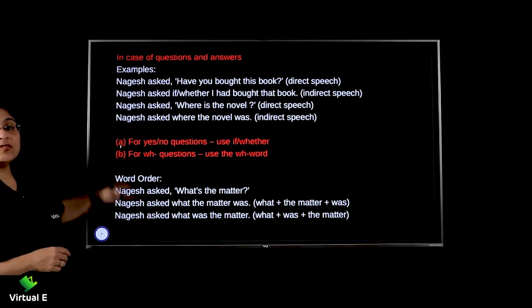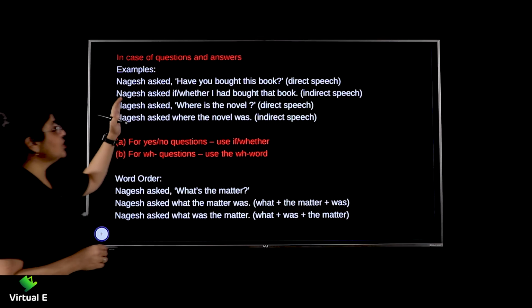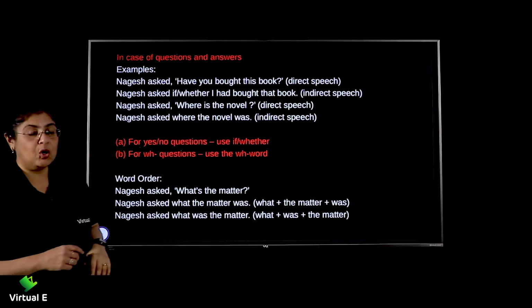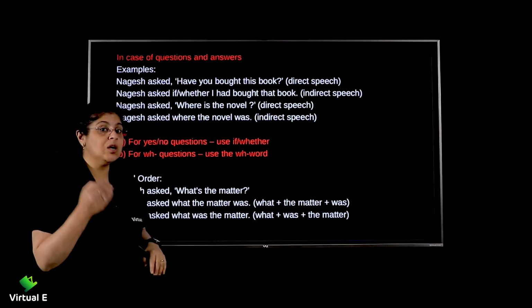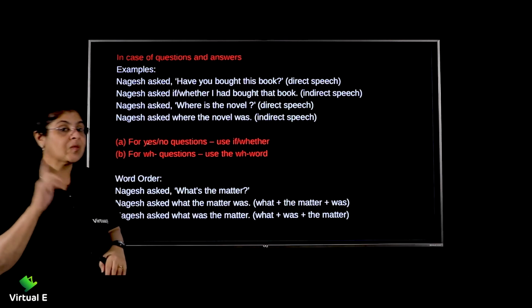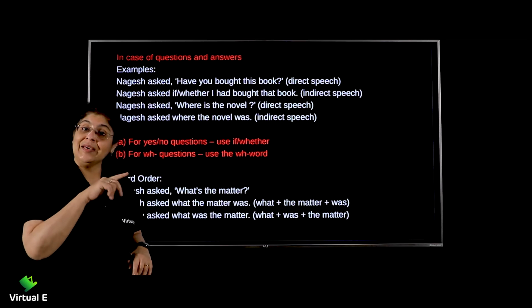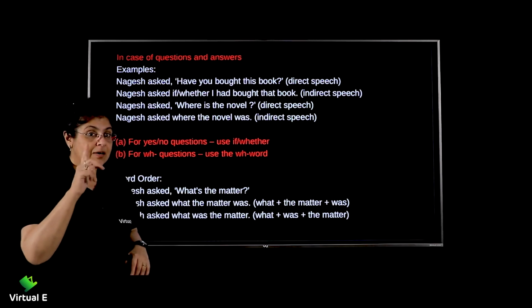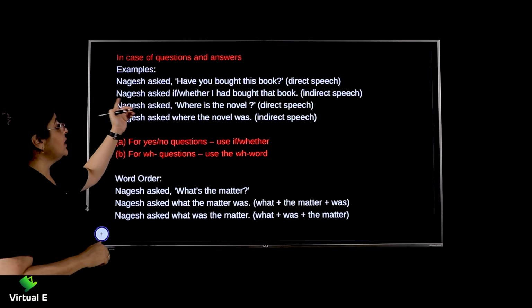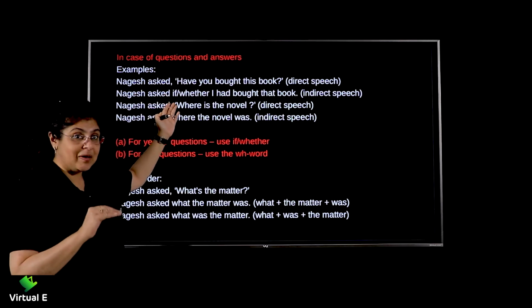Now, in case of questions and answers, Nagesh asked, have you bought this book? You are going to answer either a yes or a no. Now, if you are going to answer a yes or a no, you are going to use if or whether. Please remember, yes or no, if or whether. So, Nagesh asked will remain asked.